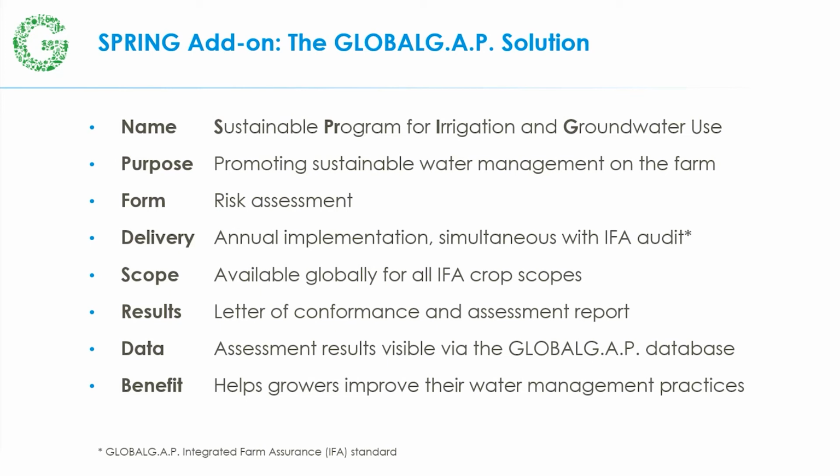The main benefit of SPRING is that it helps growers to improve their water management practice. I am going to explain shortly what SPRING is and which requirements we have in SPRING, and it's the first time that we have a tool of continual improvement in our standard.